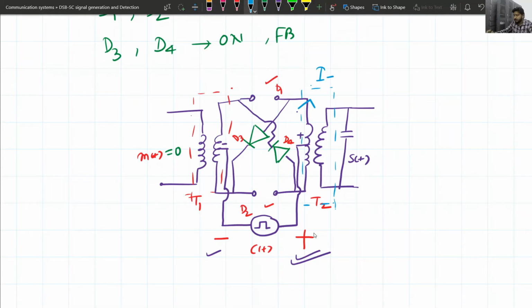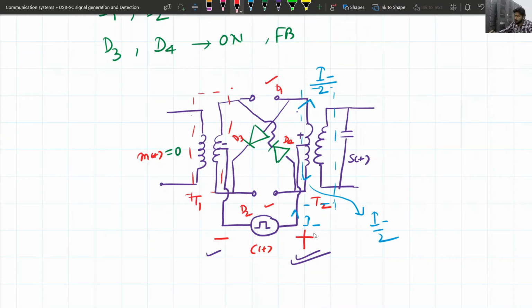Let's say the current generated is I minus, then the current flow will be I by 2, and similarly in the opposite direction, let's say the current is I by 2.